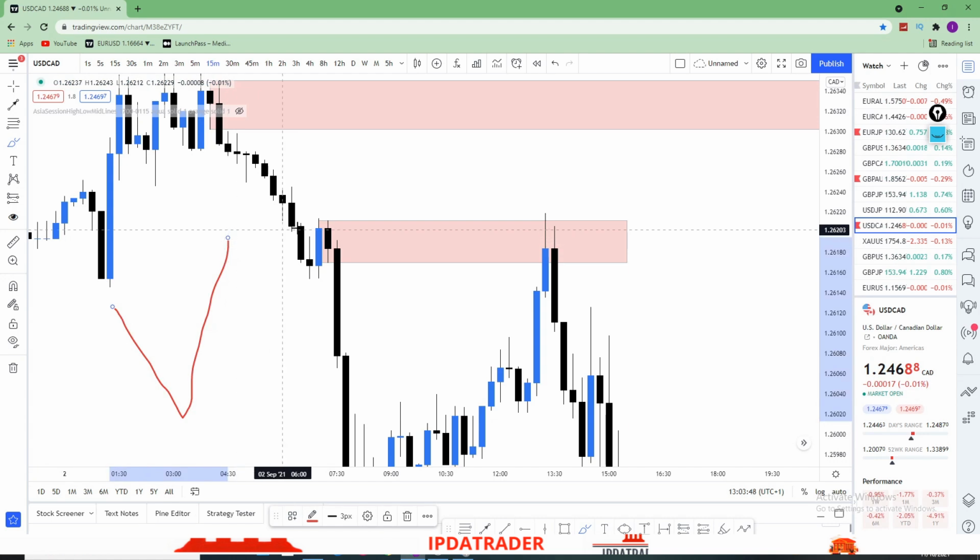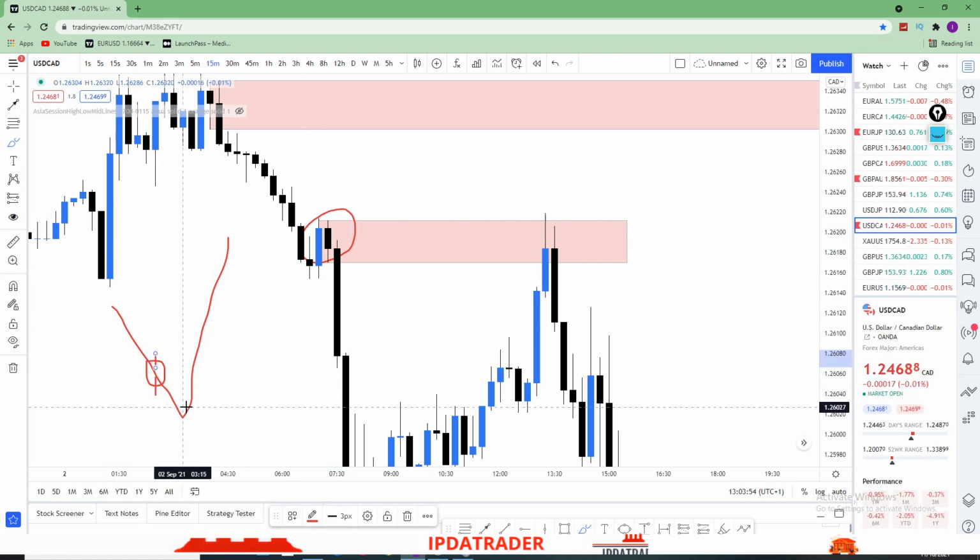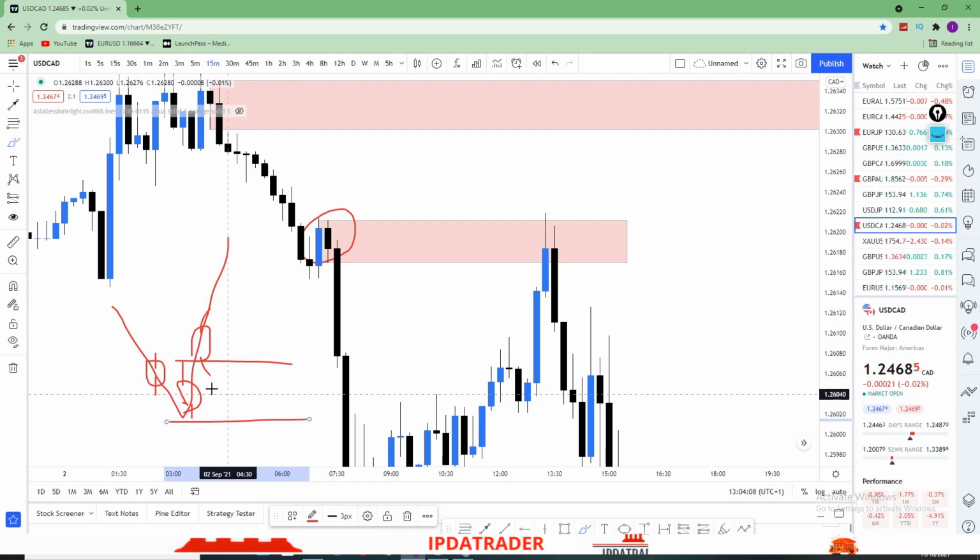No, it's not necessary. We have IFCs, which are essentially that. You could have a bearish candle over here, and then a bullish candle over here, followed by another bullish candle over here. Let me try again. Followed by another bullish candle, and this is your IFC structure. It's not necessary for it to have a bearish candle.